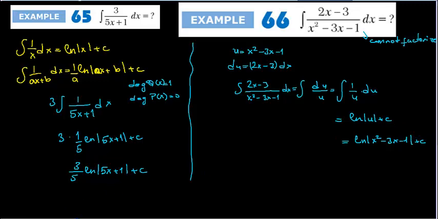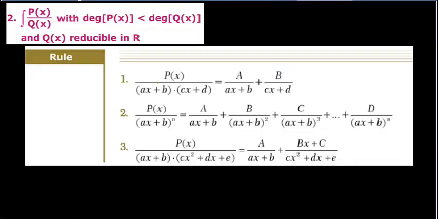Okay, now in this type, we are going to study the reducible denominator. Here there are two factors in the denominator, and with respect to these values we are going to solve this type of question.